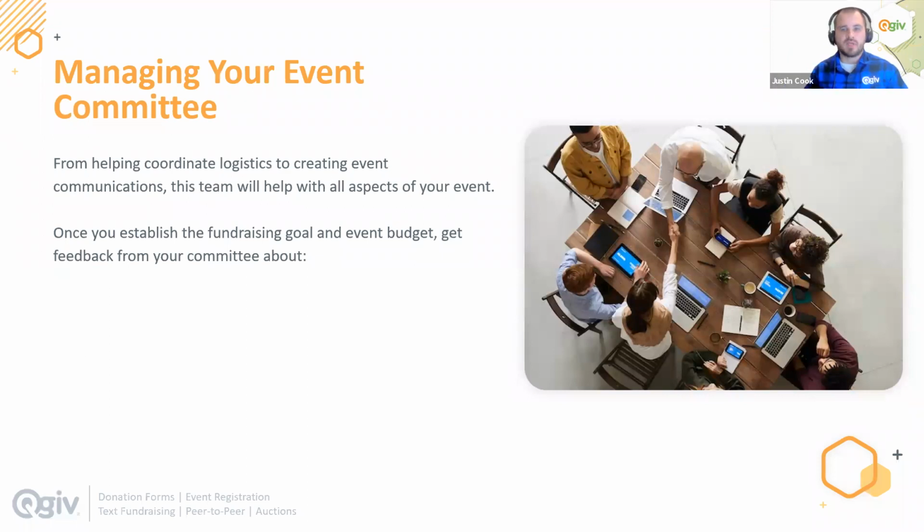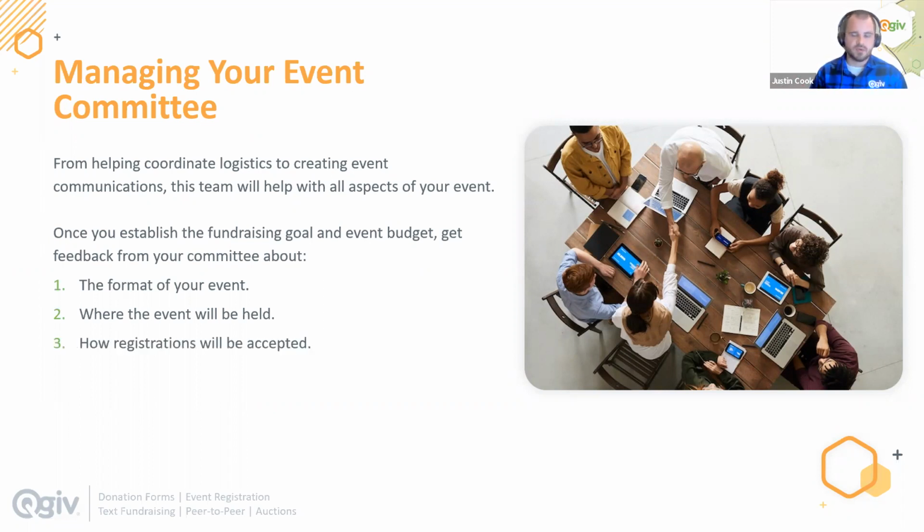Once we have our committee members empowered, so we've trained them, we've given them the resources that they need, it's time to let them start planning. The team is here to help with all aspects of your event planning. Once you've established your fundraising goal and your event budget, your first task is to ask them for feedback about the type of event that you're going to do, whether that's in person, virtual, or hybrid, where you should be hosting the event, and then how you should accept registrations.